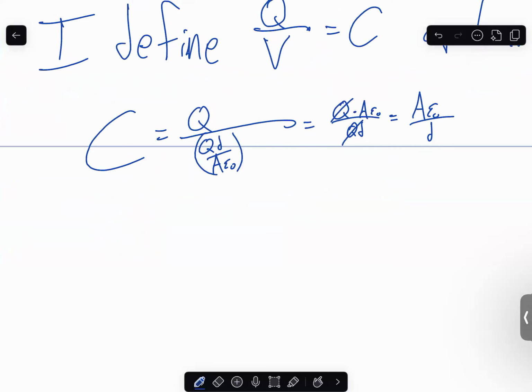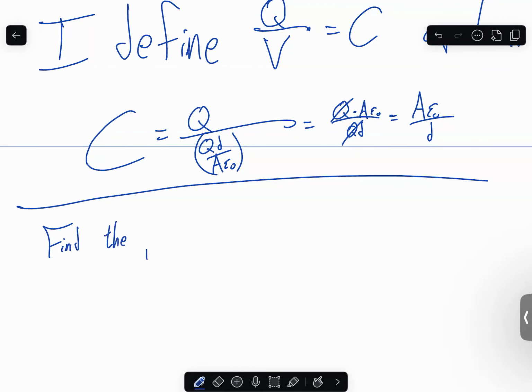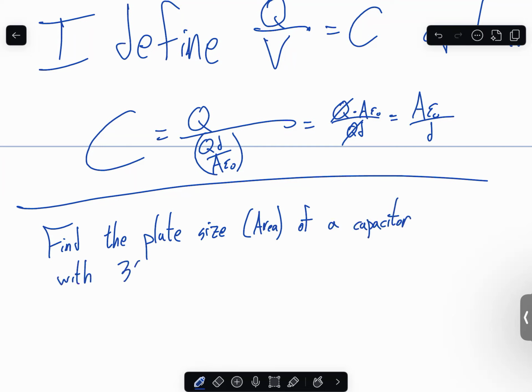So I challenge you as follows. Find the plate size. I'm going to have you manipulate this formula a smidge. That is to say, find the area of a parallel plate capacitor with 360 picofarads of capacitance.